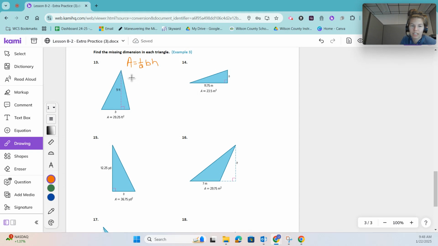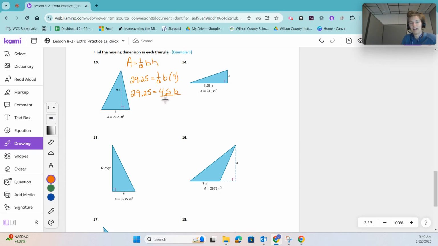So if area is 29.25, we substitute that in, 1/2, and then base we don't know, height is 9. 1/2 times 9 is going to be 4.5, so I have 29.25 equals 4.5b.